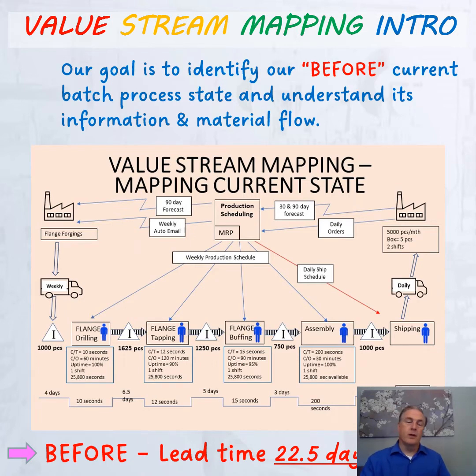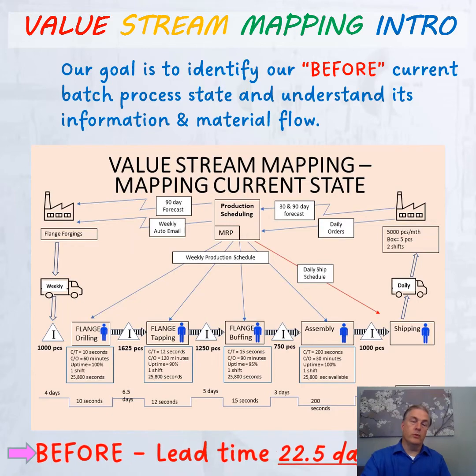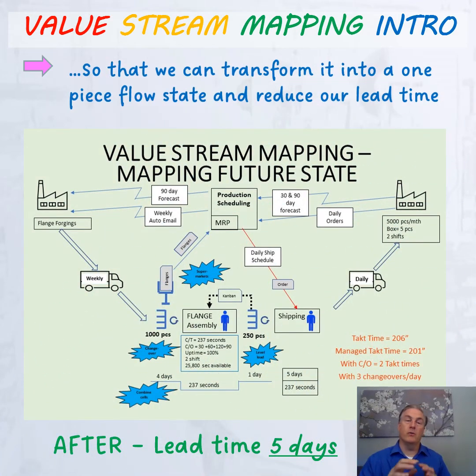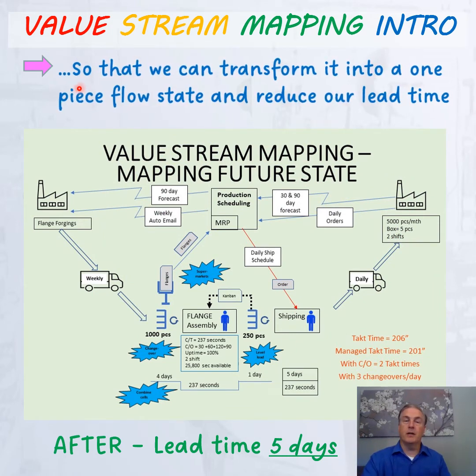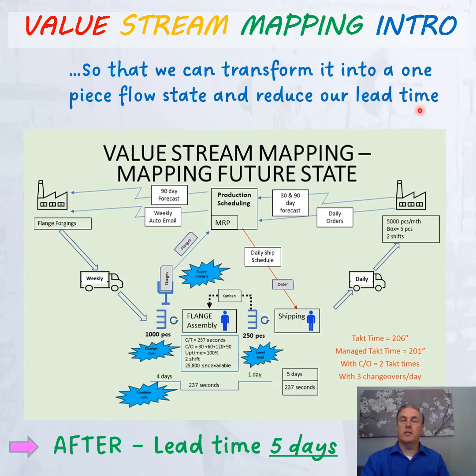So what we do in value stream mapping is we look at our material and information flow so that we can transform it into a one-piece flow state and reduce our lead time. You can see in this that we've changed it quite a bit.